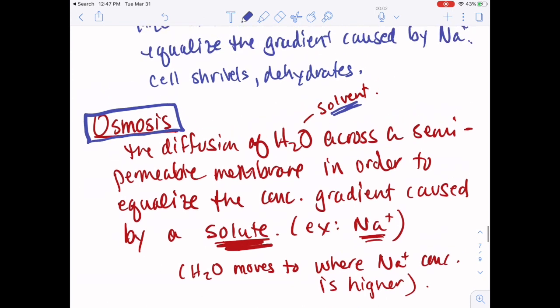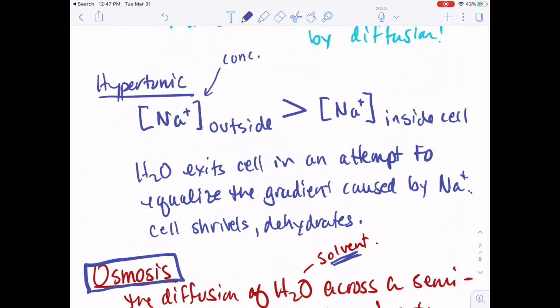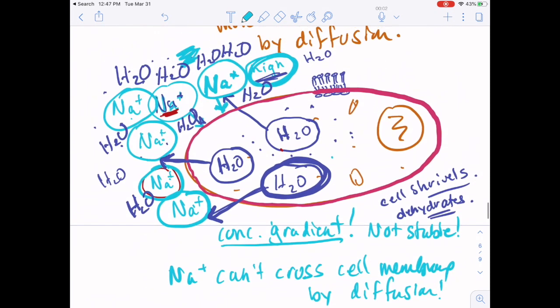And we talked back here about how a hypertonic solution is when the sodium concentration outside is greater than the sodium concentration inside the cell. And we talked about how water exits the cell to try and dilute out that sodium ion concentration. That's what we have here.